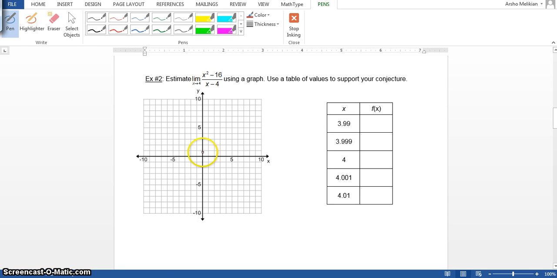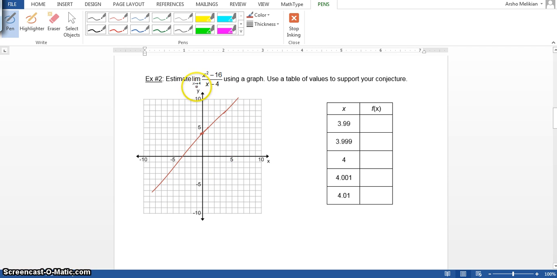So essentially the graph is going to look like this.